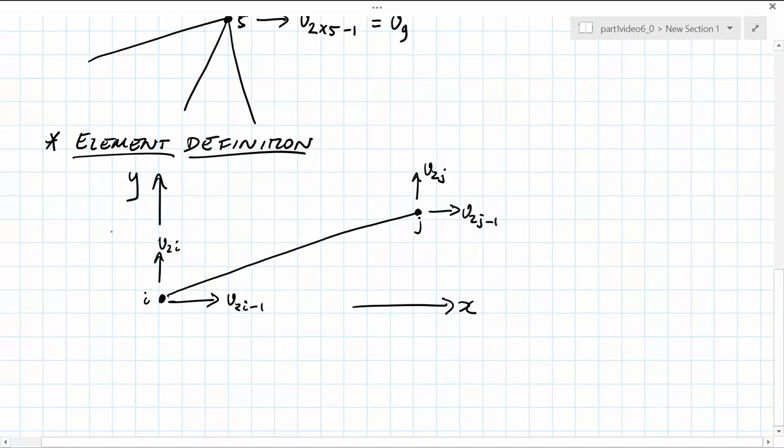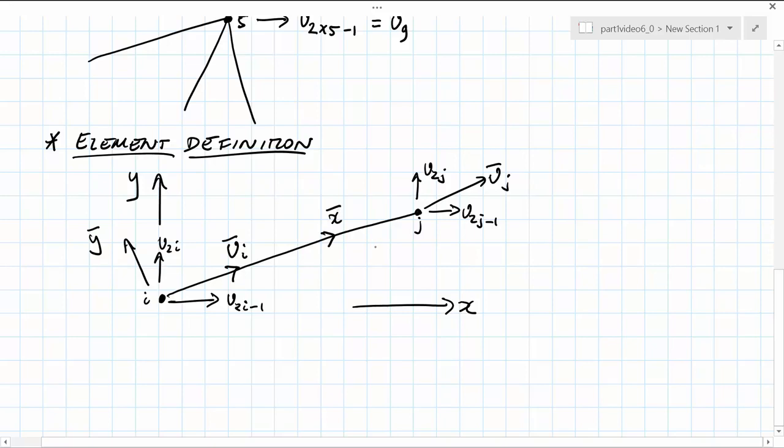There are also local element freedoms and local element axes, which we denote with an overbar. The local element degree of freedom for node I is given by u bar I, and the local element degree of freedom for node J is given by u bar J. These have a coordinate system called x bar and y bar.